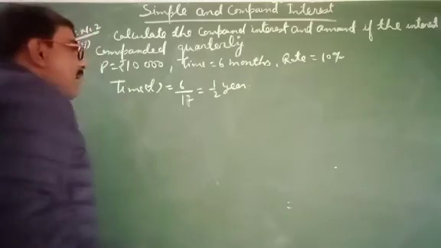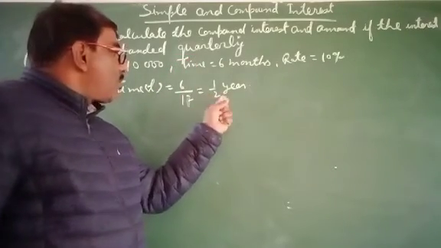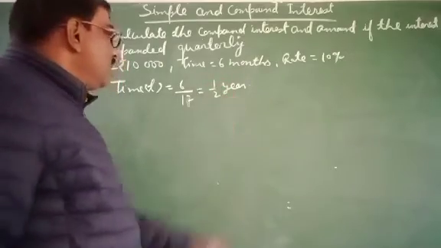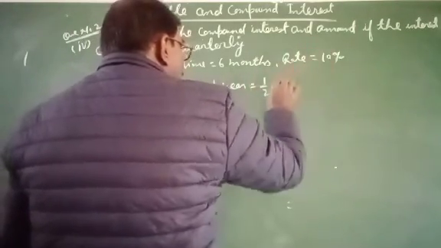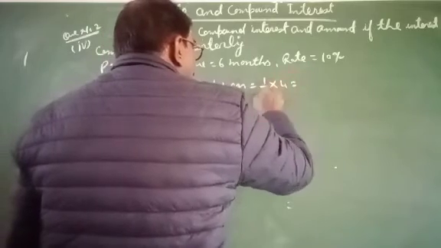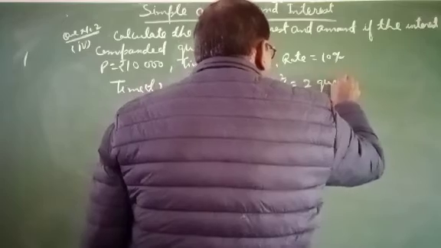Now since the interest is compounded quarterly, I will multiply this by 4. 1/2 multiplied by 4 is 2, therefore 2 quarters.